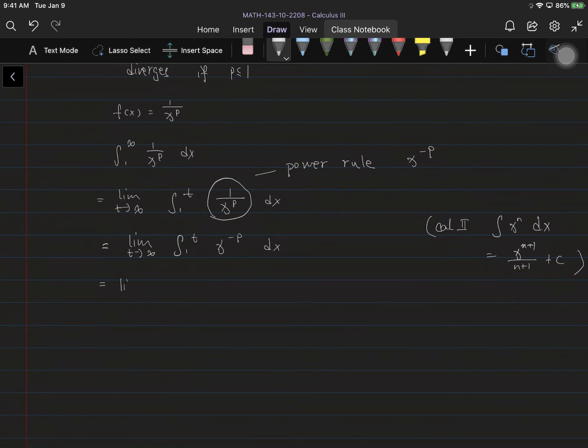So here our integral becomes x to the negative p plus 1 over negative p plus 1, with x from 1 to t.